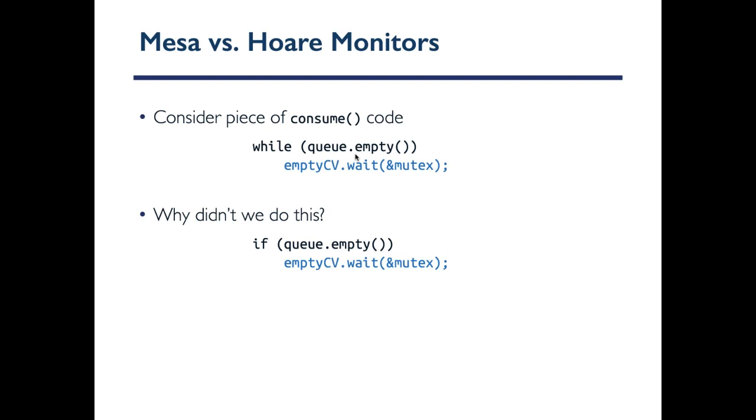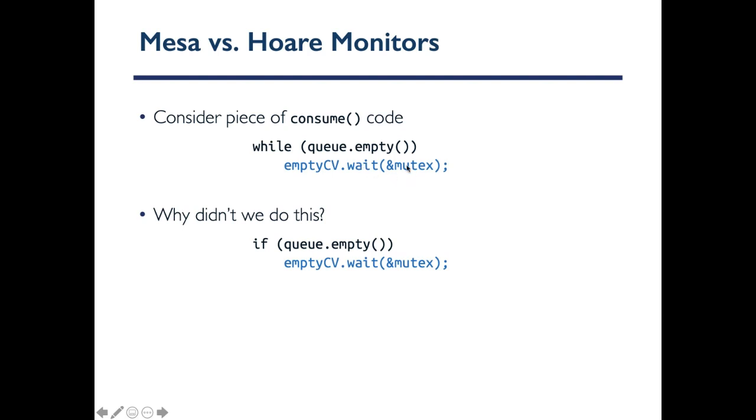There are two types of monitors, Mesa and Hoare monitors. With Mesa monitors, which are, by the way, the ones that are being implemented widely, there are not many Hoare implementations. Most of the implementations are Mesa implementations. With those, you always have to wait. And the reason is exactly because of this mutex that you have to acquire again.